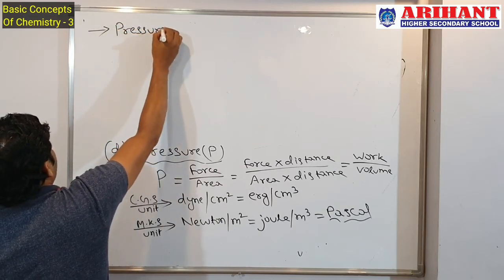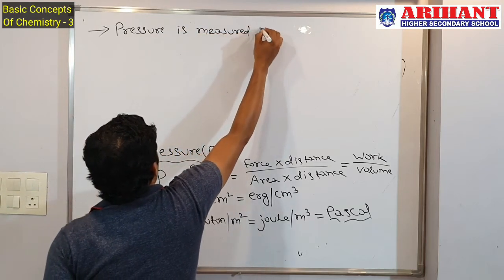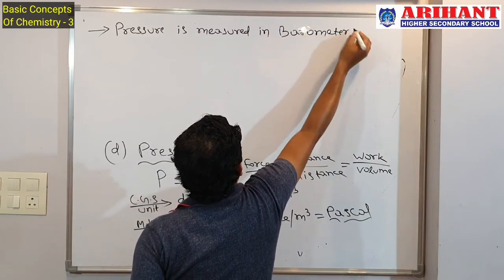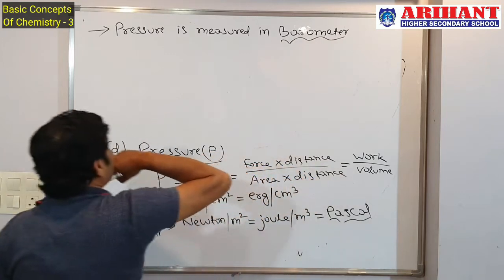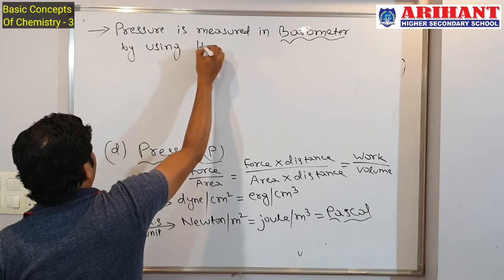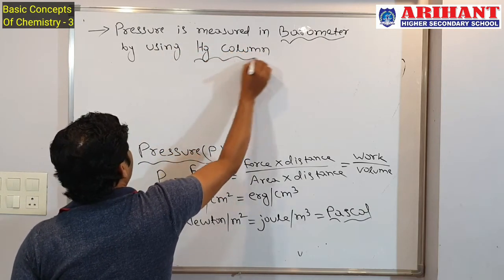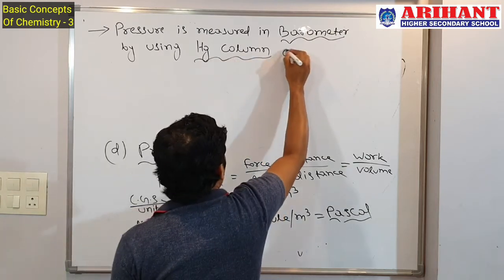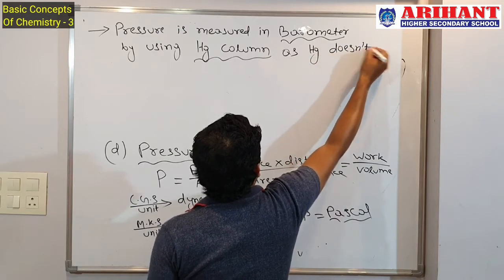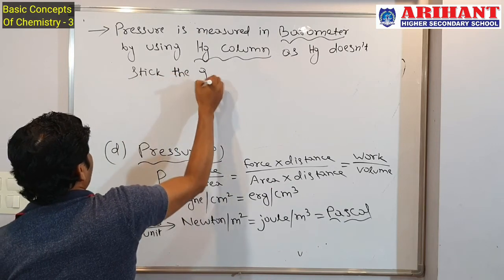Pressure is measured in a barometer by using a mercury column, as mercury does not stick to the glass.